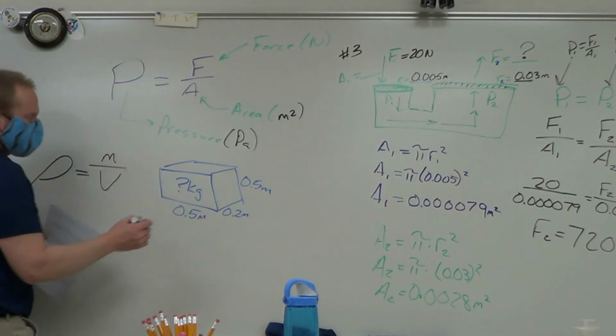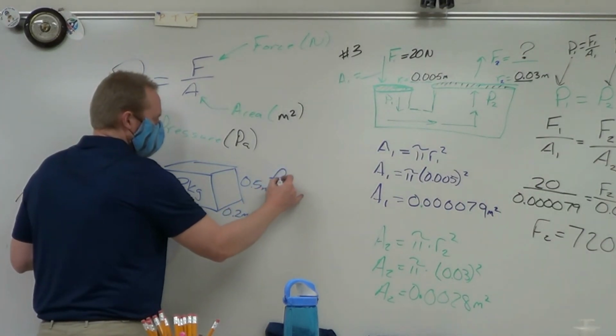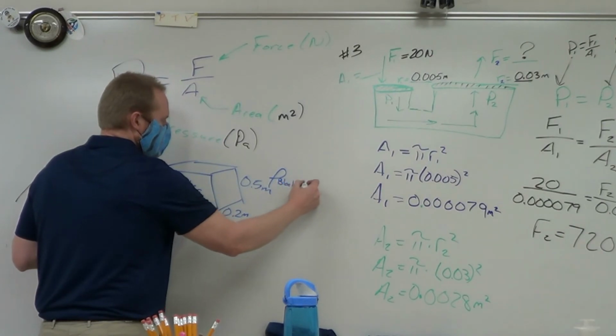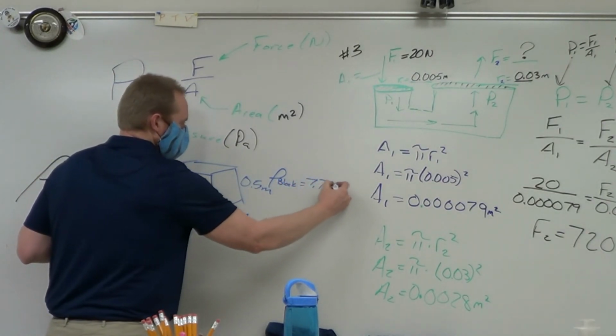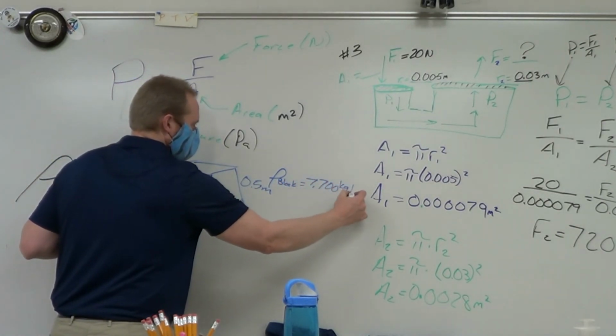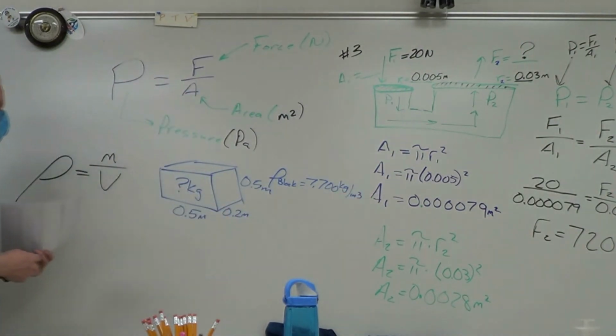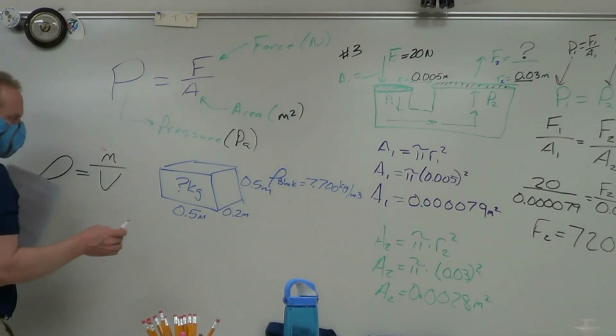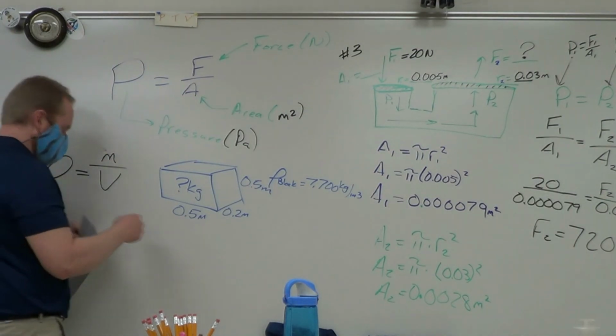The thing that was given is it told us the density of this block is equal to 7,700 kilograms per cubic meter. So it's just solving for a different variable. This time we're solving for the mass. Now, this is not a cube because it's not three equal sides. It's a rectangular prism, I believe is the proper term.